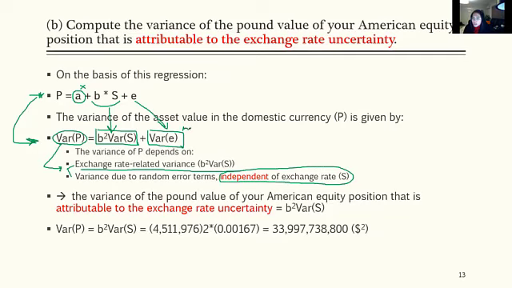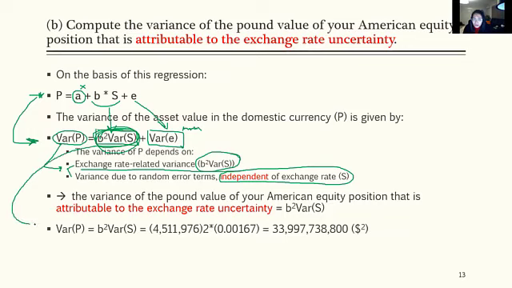By definition, it's random, and it should be independent of your explanatory variable S, okay? So as a result, if we want to compute just the variance of the asset value related to exchange rate, then it should be given by this term over here, right? So it should be this term here in our formula.